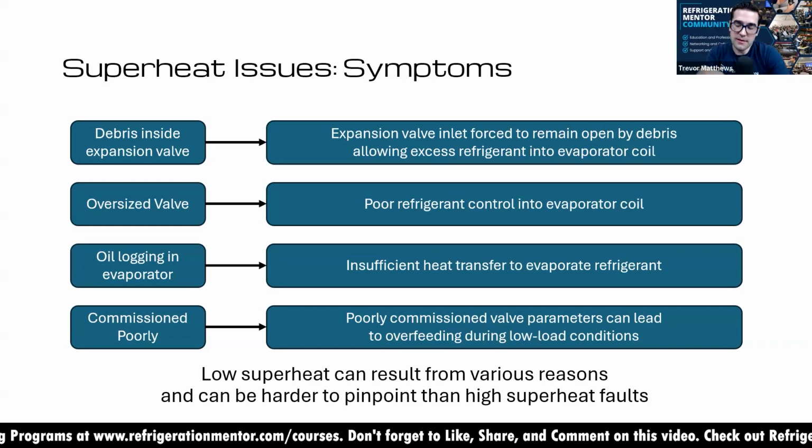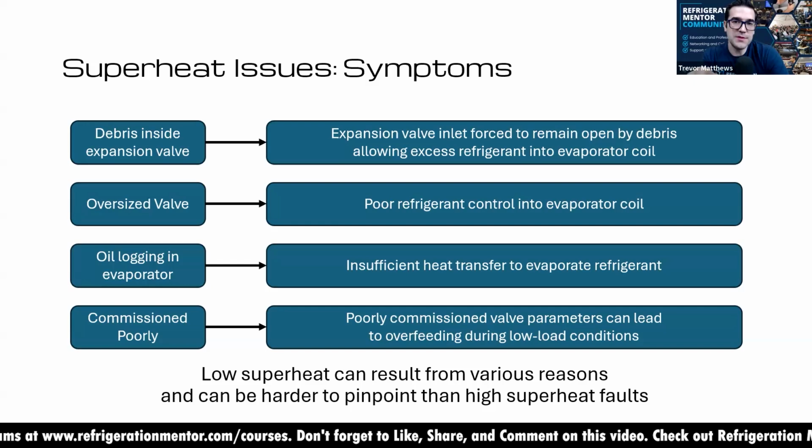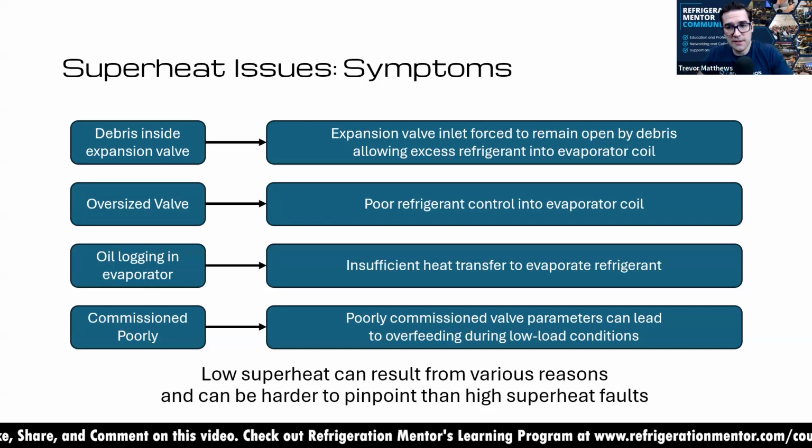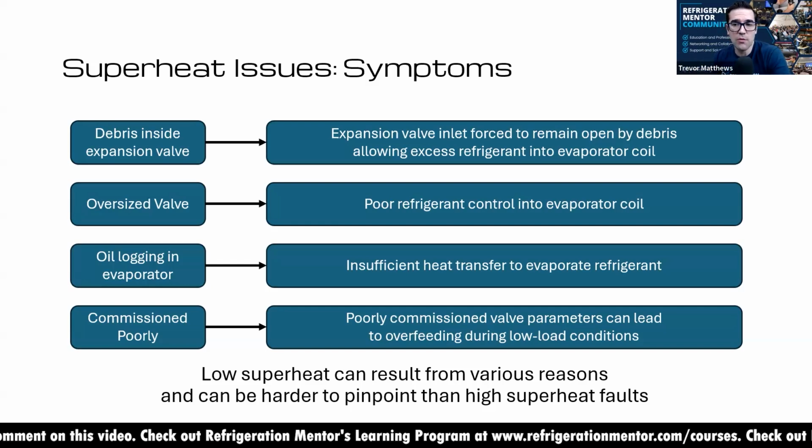In some of the intro to CO2 course, I have a lot of technicians who come in and they're just starting to learn about CO2. They've worked on HFC units before, but they didn't have so much the controller and the superheat, being able to see it as much. Now I'm teaching them how to get into the trend graphs. One of my favorite ones is the opening percentage of the valve.